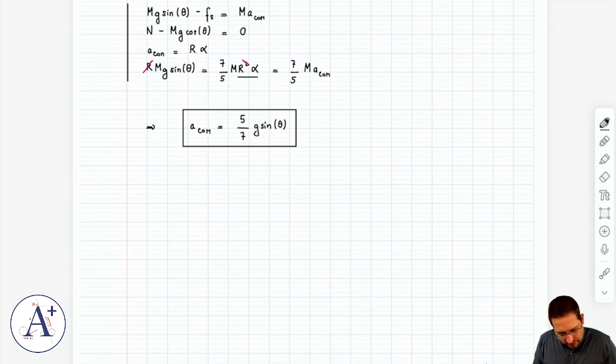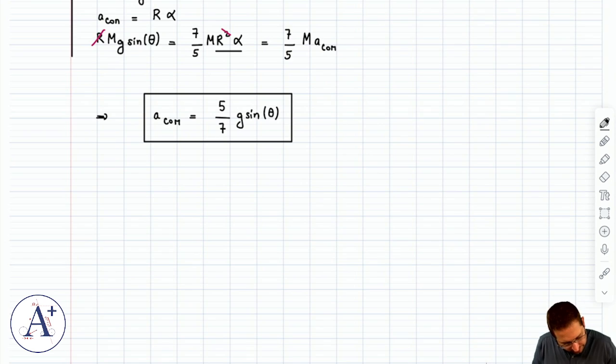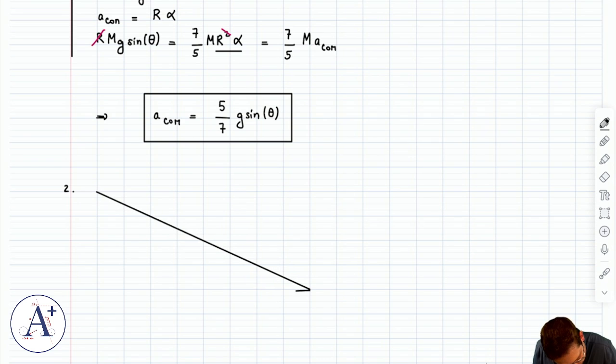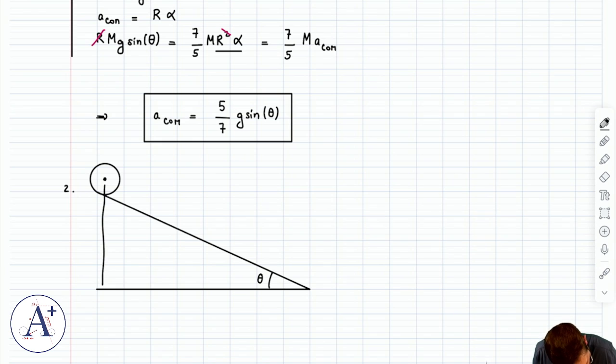Okay, so then with all of this said, we can move on to question 2, which tells us that this thing rolls without slipping down the incline from rest and has an initial height relative to the ground of its center of mass, that is h. Okay, so h is from the ground to the center of mass, just to be clear.